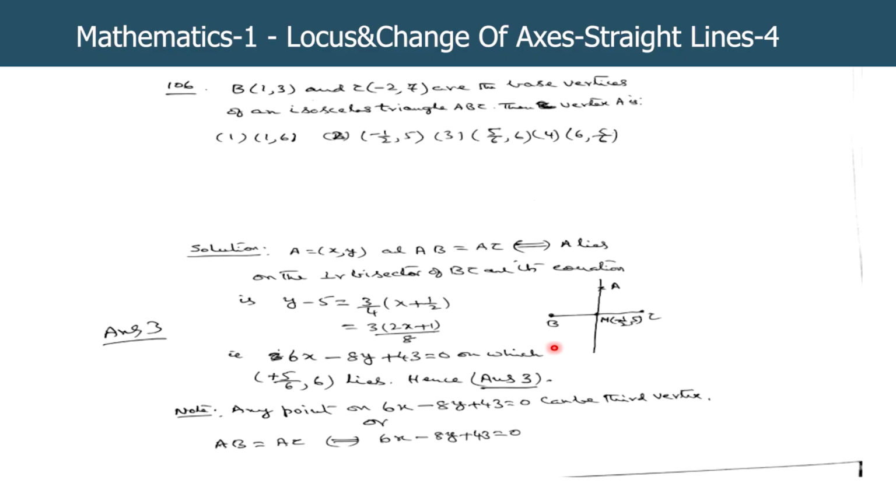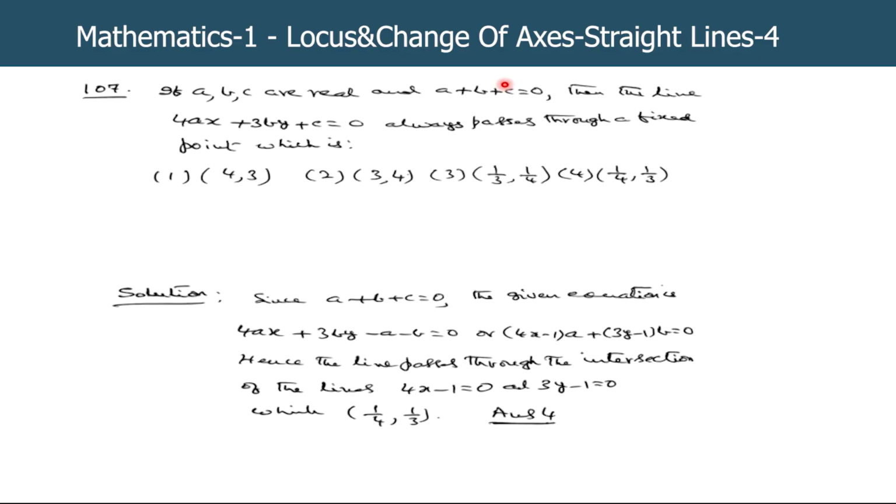If you want to, you can ask for the locus of A. But here you asked for only one of the points. So on the perpendicular bisector of BC, any point satisfies the given conditions. But among the given points, (5/6, 6) satisfies. So therefore, the correct option is option number 3.